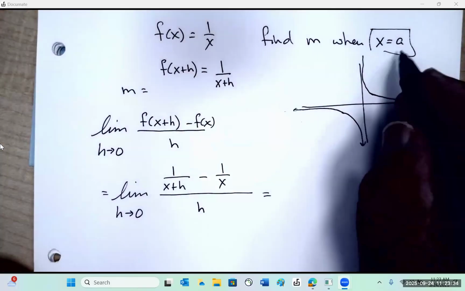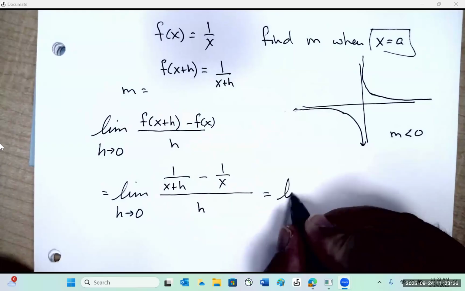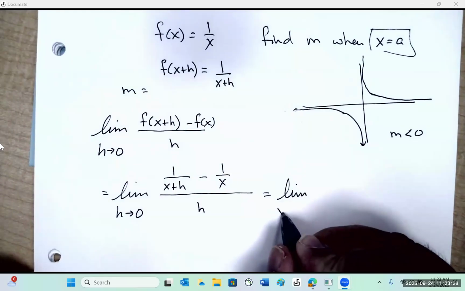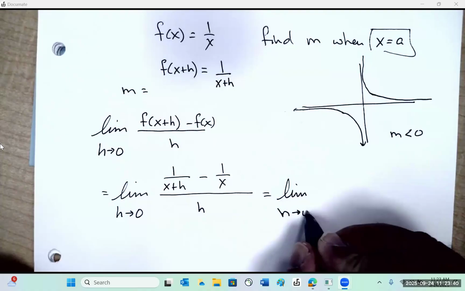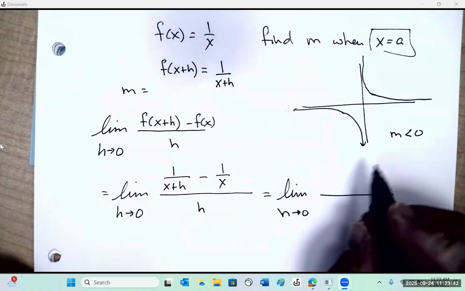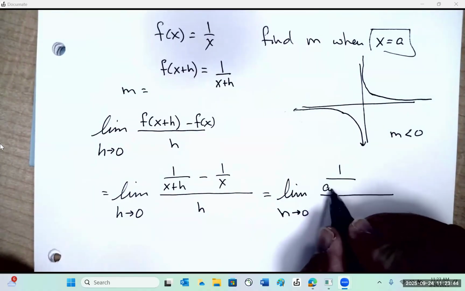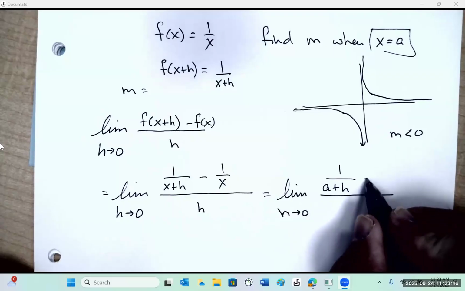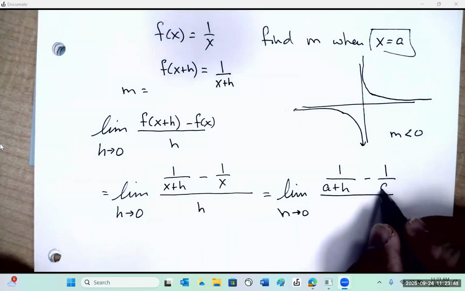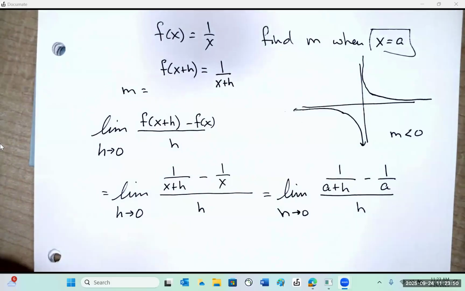But we also know that x equals a, so the limit as h approaches 0 of 1 over a plus h minus 1 over a, over h.